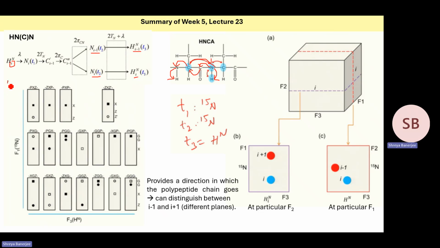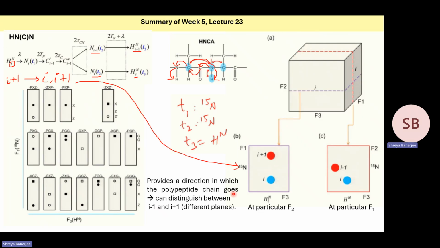But if you started with I plus 1, then you would have gotten I and I plus 1. That is basically what you're observing here. You're observing I and I plus 1 here.